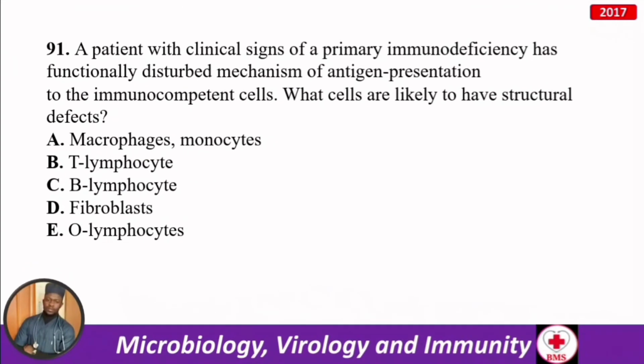A patient with clinical signs of a primary immunodeficiency has functionally disturbed mechanism of antigen presentation to the immunocompetent cells. What cells are likely to have the structural defects, right? APCs, antigen presenting cells, are macrophages and monocytes, right? Okay. Macrophages and monocytes are the APCs, antigen presenting cells, right?